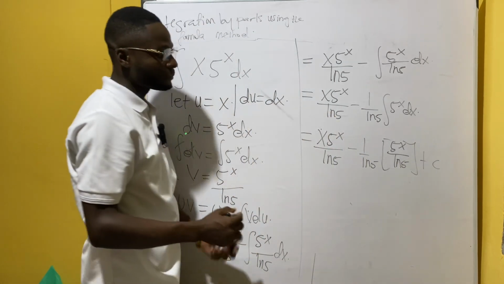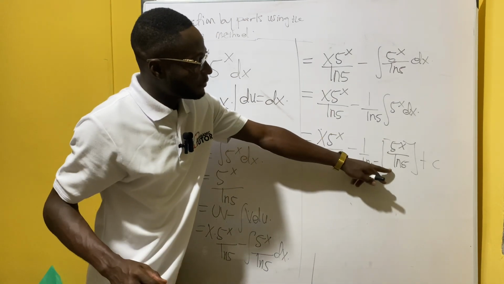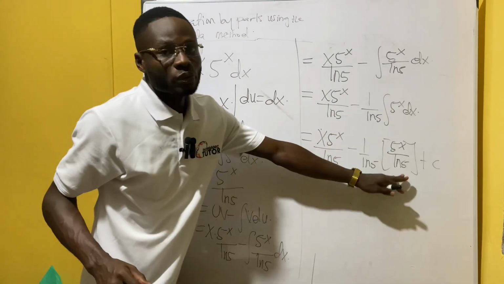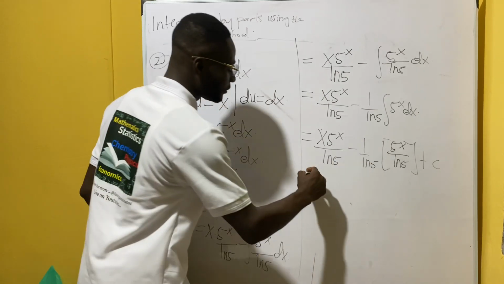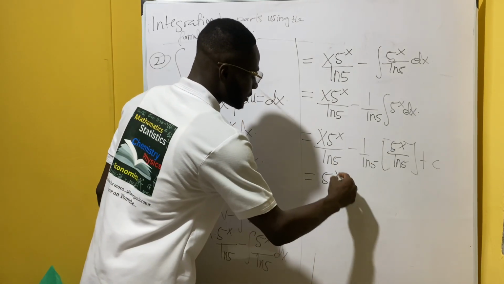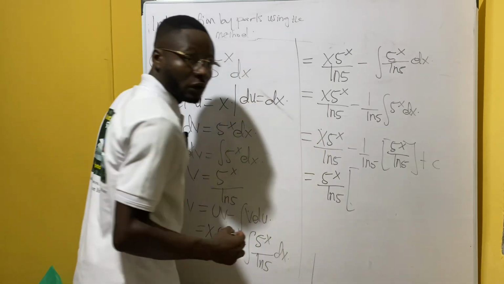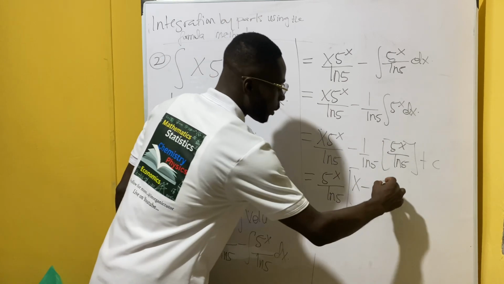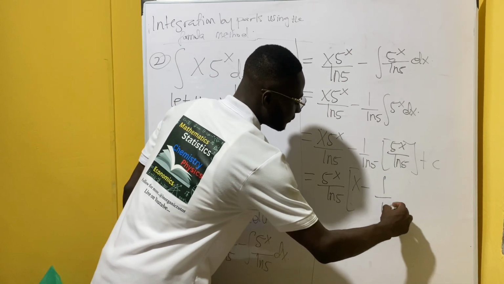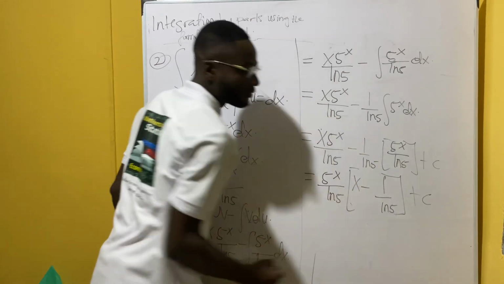So this right here, we can see that 5 power x on ln 5 is common to these two terms. So we factor that out, and then we have 5 power x on ln 5 all into x minus 1 on ln 5 plus a constant of integration.